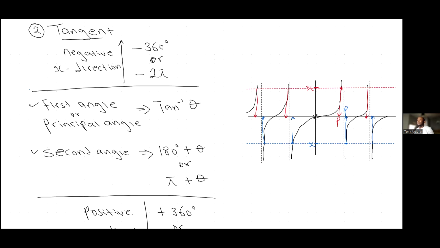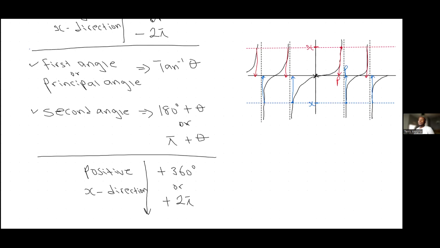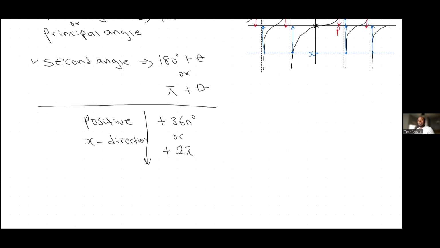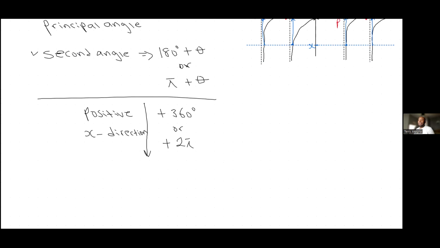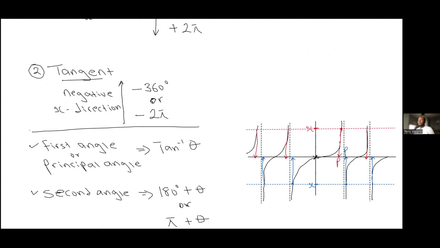To get the second angle, it will be 180 plus theta or pi plus theta. To go in the positive direction, you need to be adding 360 or 2 pi. To go in the negative x direction, you need to be subtracting 360 or minus 2 pi. Okay, so that is that.